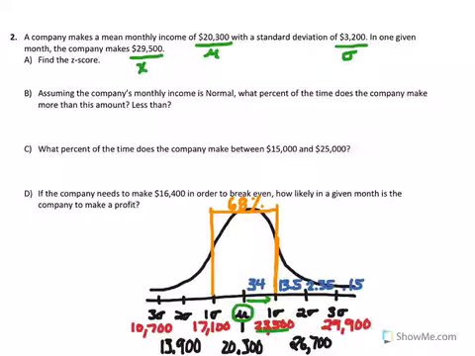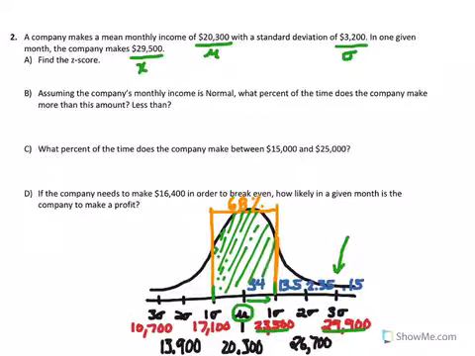and so forth, and we continue to plot along until we have three standard deviations above would be 29,900. Well, if the company made 29,900 exactly, we would know that that's three standard deviations above, and using our empirical rule, as we break this down, we know that the area under the curve between one standard deviation below and one standard deviation above, all of this area in here under this curve represents 68% of the data.